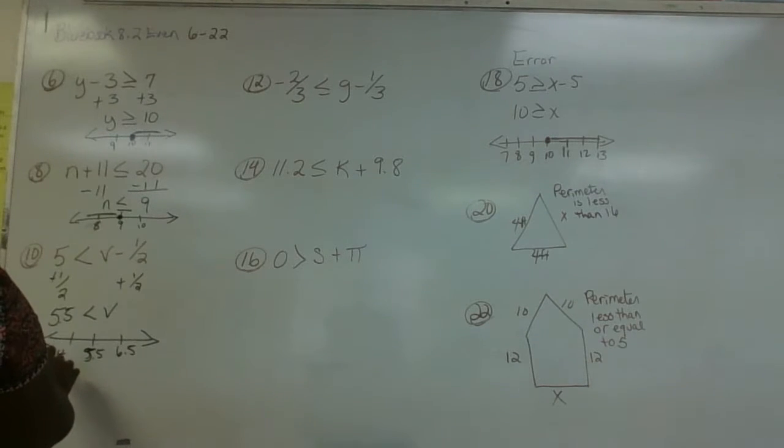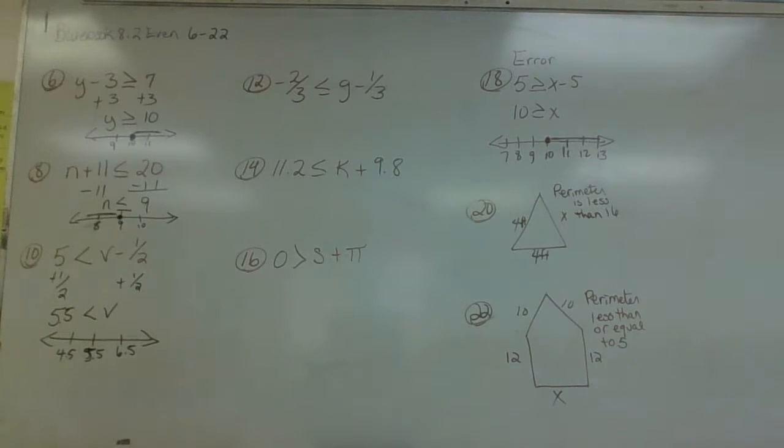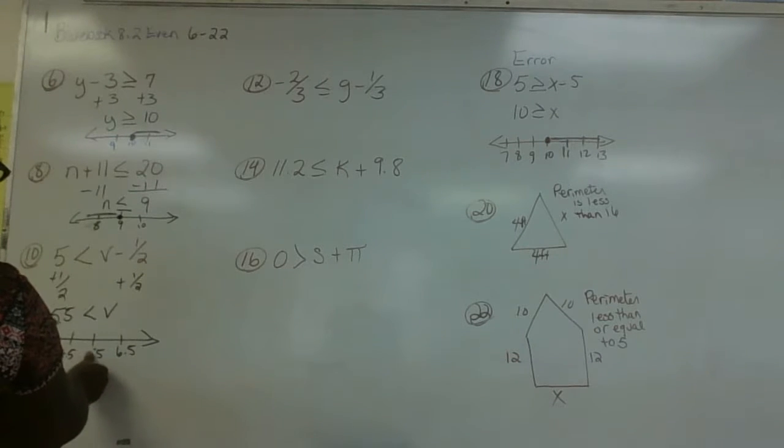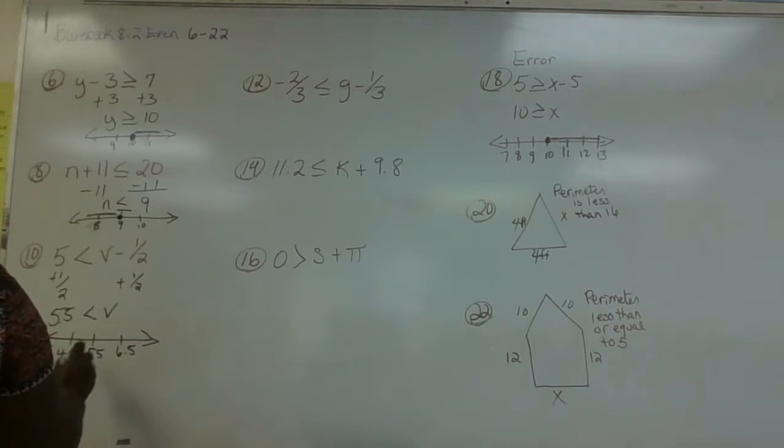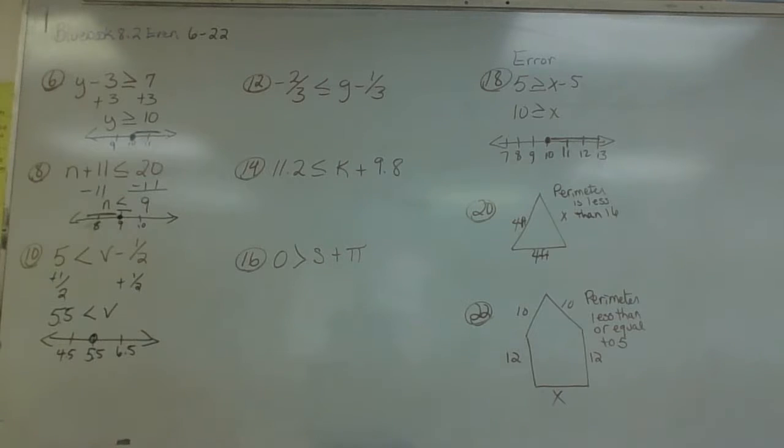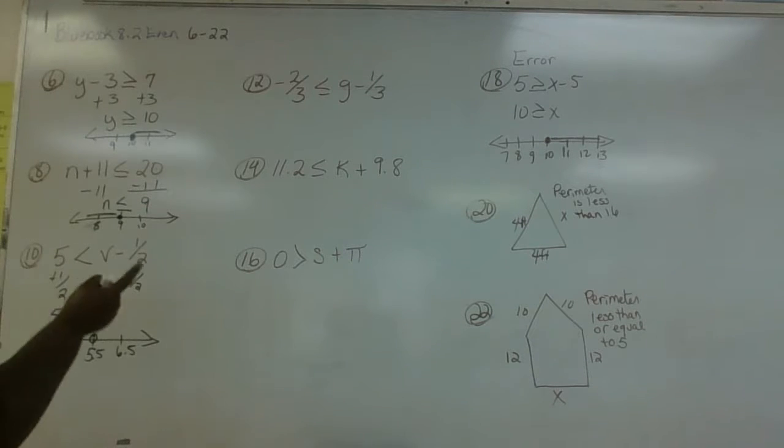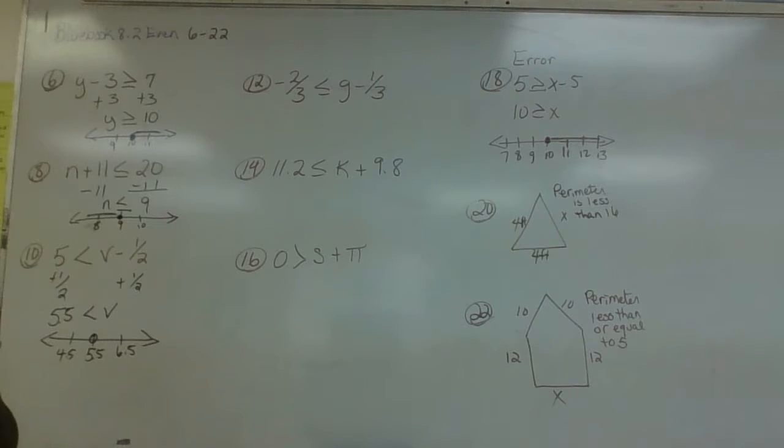Let's go down 4.5. We're going to start at 5.5. It does not include 5.5, so our circle remains open, and then our arrow needs to go in the direction where 5 is less than, not greater than.